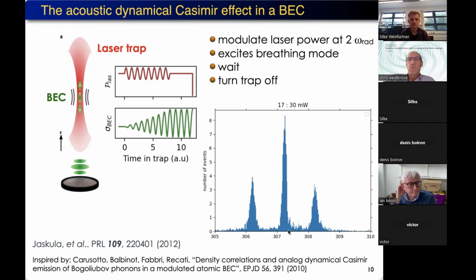And what we see on each side are these side bands, atoms that have been emitted with a slight velocity in opposite directions longitudinally relative to this condensate.